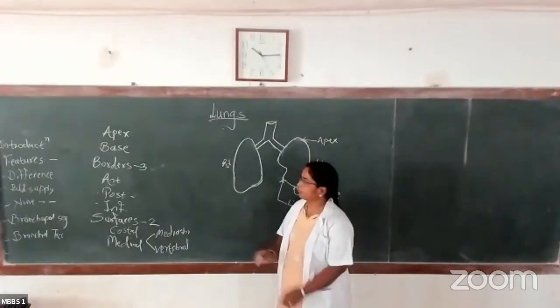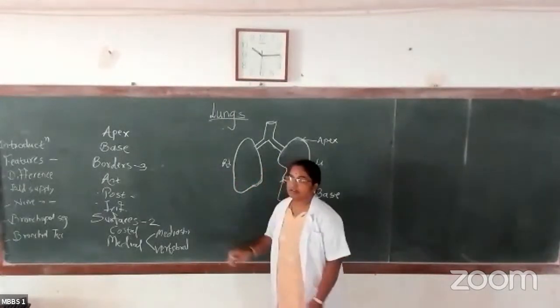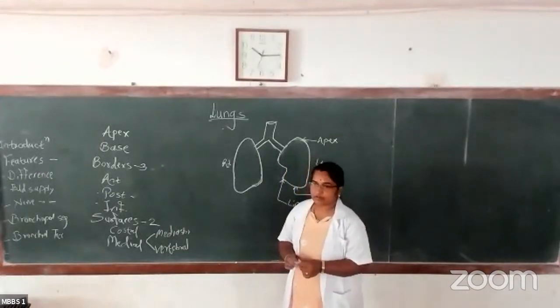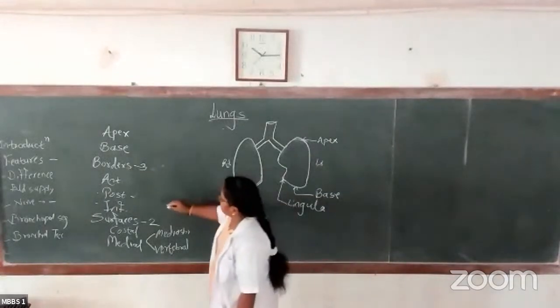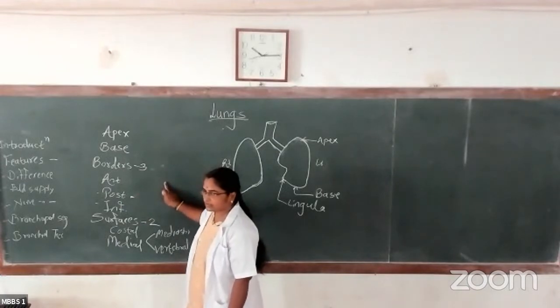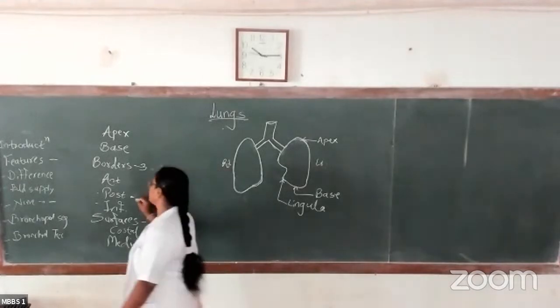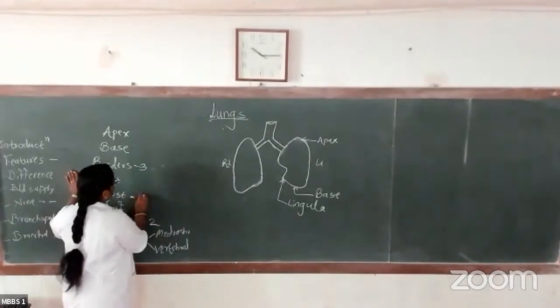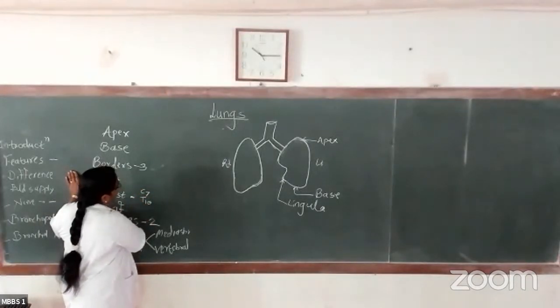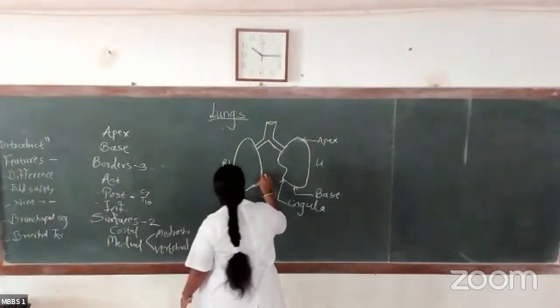Now this posterior border is in relation with the heads, medial part of the heads of the ribs. So it is related from the 7th cervical spine up to the 10th thoracic spine. Now the inferior border.